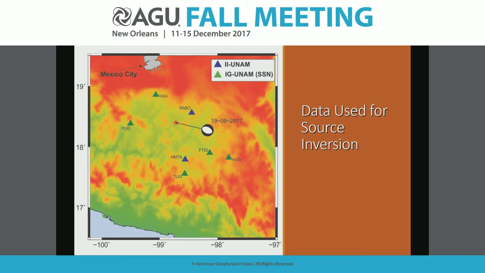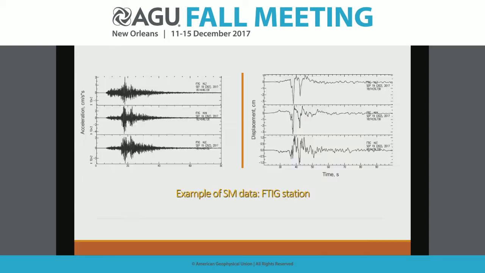To obtain a kinematic approximation, we use data from these stations: Institute of Engineering stations, the blue ones, and Geophysics Institute stations of the Seismological Service network.